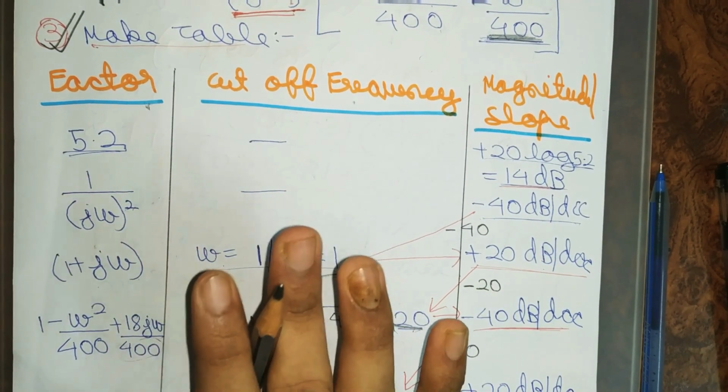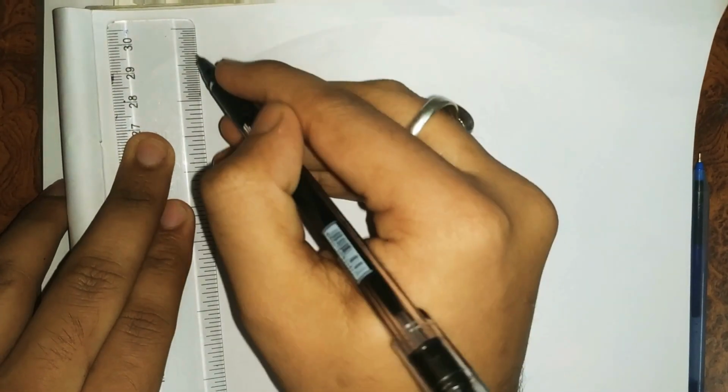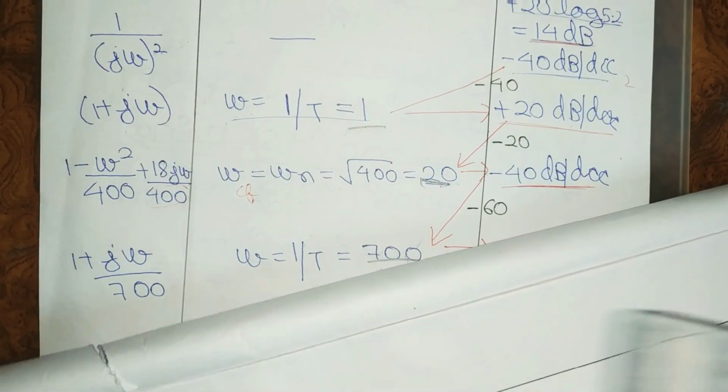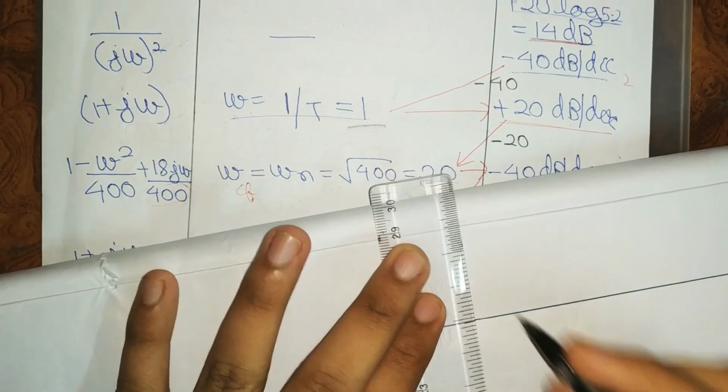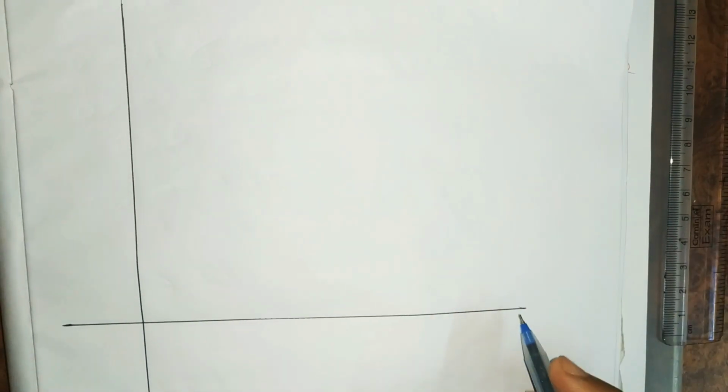Now I am going to plot the Bode plot. First you have to draw the axis. Follow the steps which I am doing right now. This is the axis, this is for omega, and this is dB magnitude.